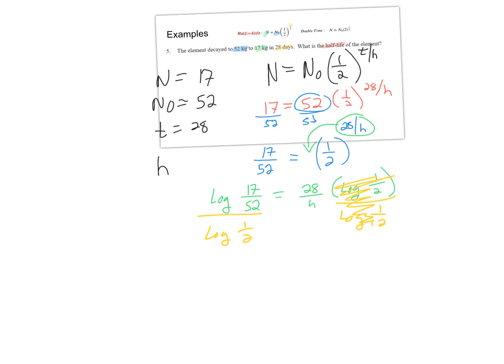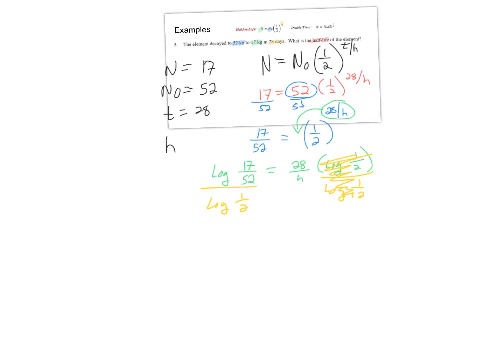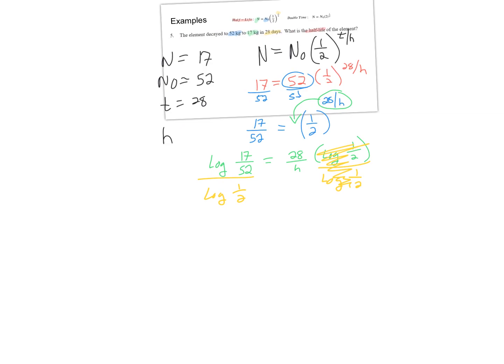All right, now very important. Doing the logarithm part on the calculator, very important. So again, knowing your calculator. Because I have a graphing calculator, I'm going to type log 17 divided by 52, close the parenthesis, hit equals.